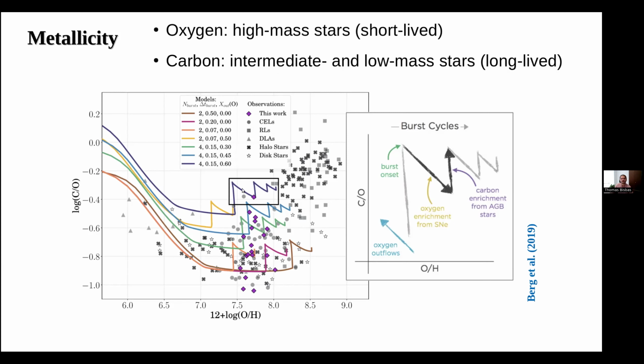That's why all this zigzag forms, and we see that the C over O ratio has an upward trend now. So initially we have a downward trend, and then we have an upward trend, and that's because of this difference in the release of these two atoms.